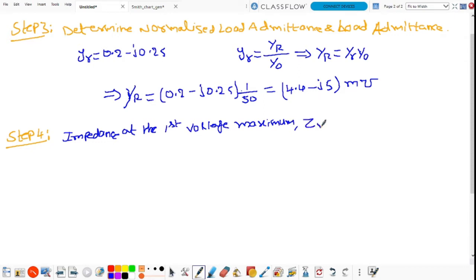We know that the impedance at the first voltage maximum, Z max, is equal to Z0 into the VSWR value. Given data, the characteristic impedance Z0 is 50 ohms. From the Smith chart, the VSWR value is 5.5. So 50 times 5.5 is 275 ohms.